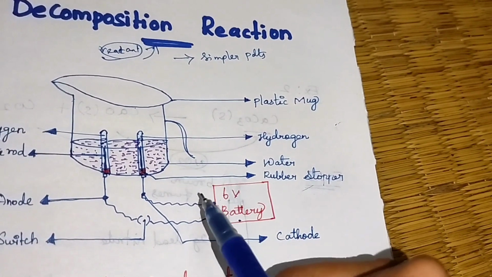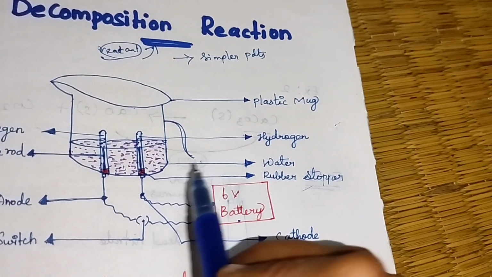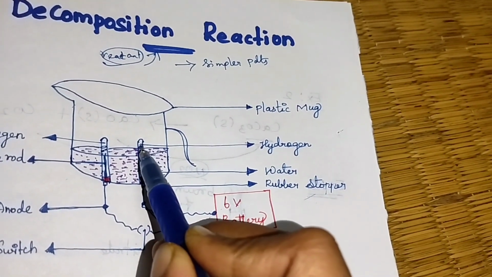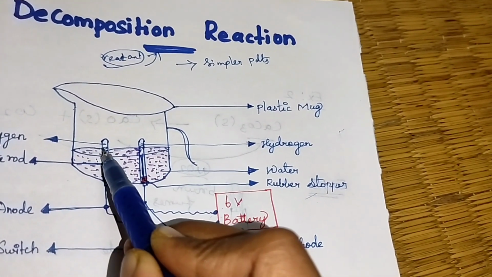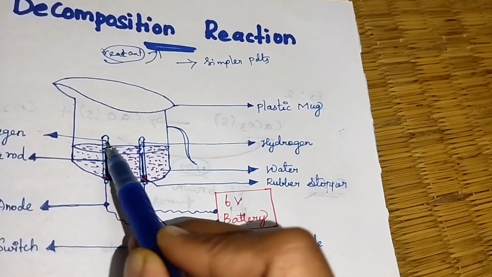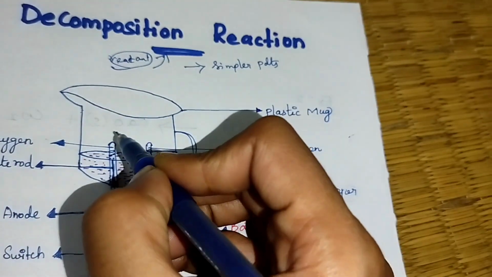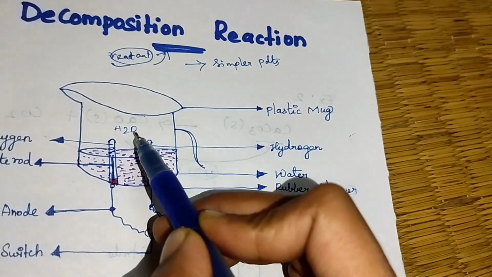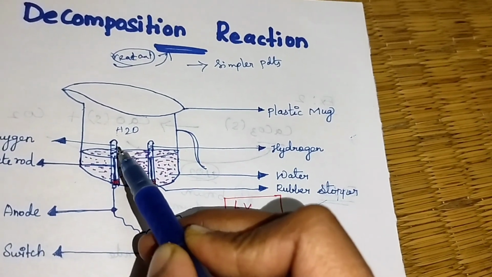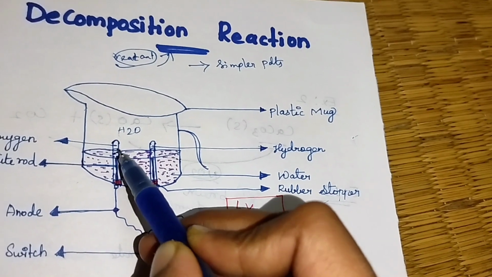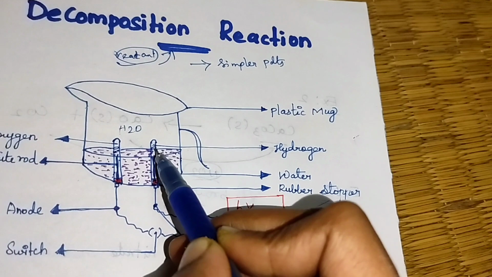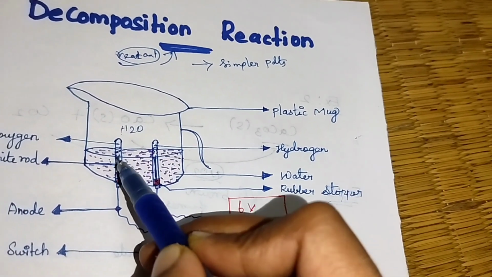After the current passes for some minutes, see the test tube. Here some bubbles will come. Why will the bubbles come? Because the water molecule H2O, which is present in the mug, was hydrolyzed, and in one test tube a greater amount of gas is produced, which is double that of the other.